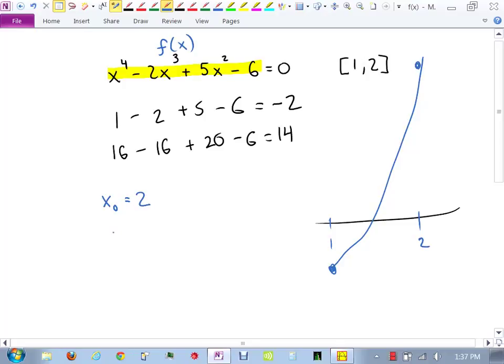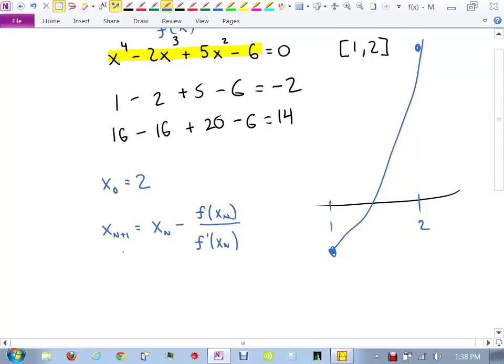Now what was the formula for Newton's method? x sub n plus 1 equals x sub n minus f of x sub n over f prime x sub n, right? Isn't that what it was? That means that if I try and get my next point, x sub 1, it will be x sub 0 minus f of x sub 0 over f prime x sub 0.